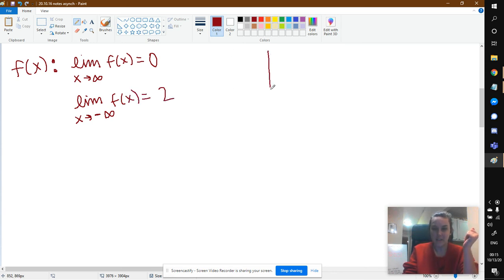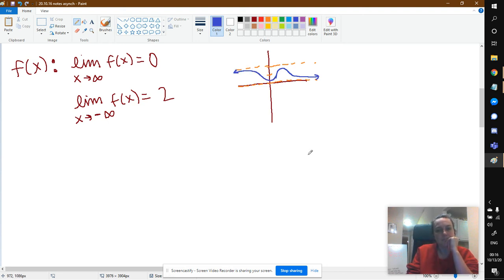If I wanted to graph this, there's definitely a horizontal asymptote at 0 and one at 2. So maybe our function looks like this, getting closer to 0 on the right and closer to 2 on the left. It seems fine to me.